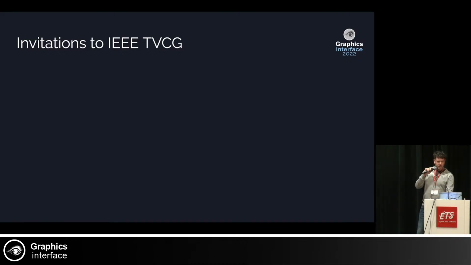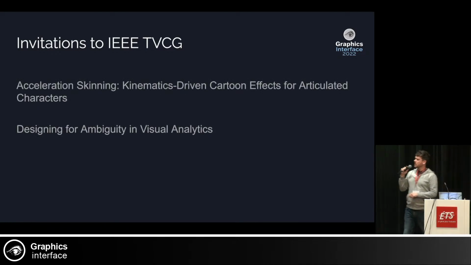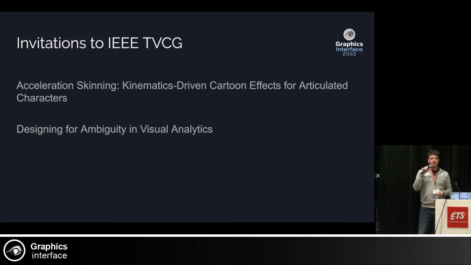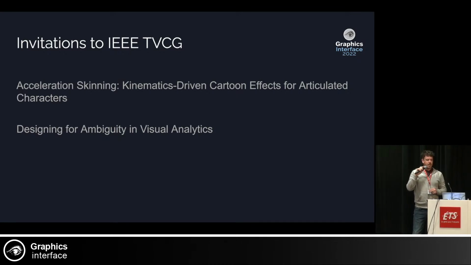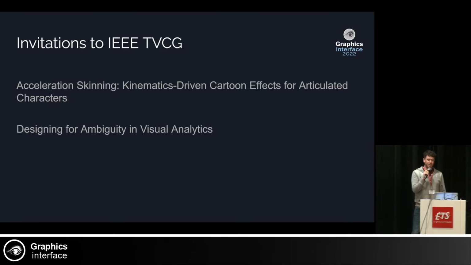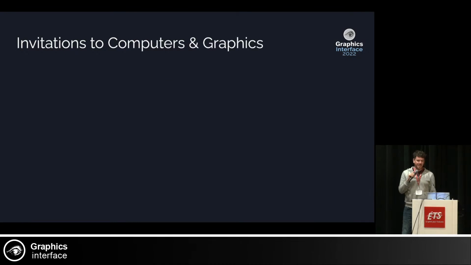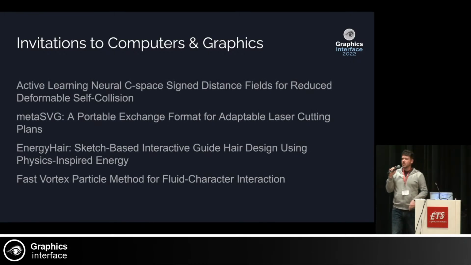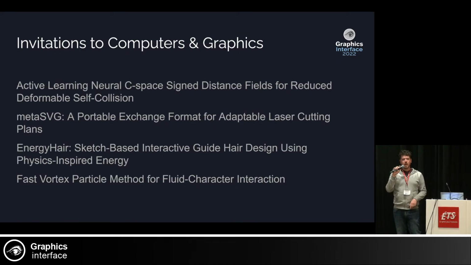So we're inviting the following papers to send extended versions of their work to IEEE TVCG. Congrats to these two papers. More details will follow. The other journal that we partner with is Computers and Graphics, and we're inviting these papers to send extended versions to Computers and Graphics. Congratulations to those authors as well.